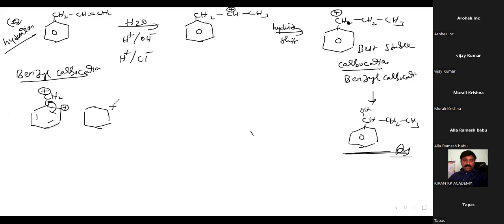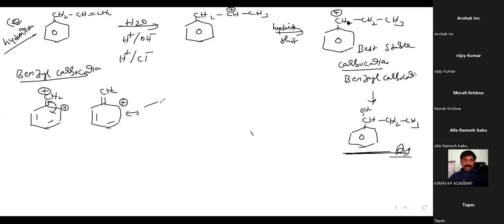Now, let us write the resonance forms. And you will be getting it in this form. So this one shifts here, you will be getting a CH2, this one in this case.